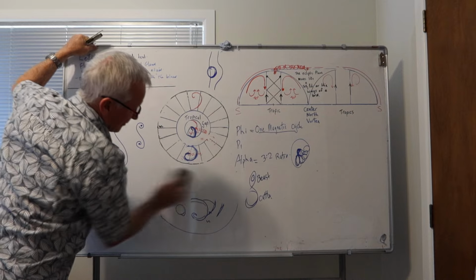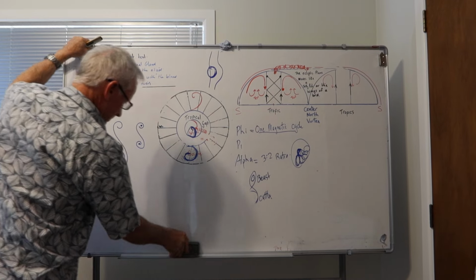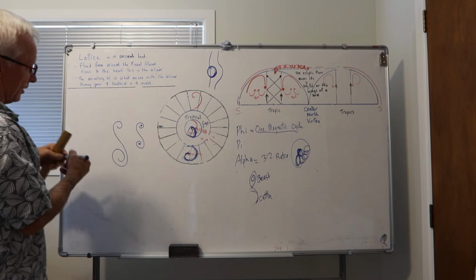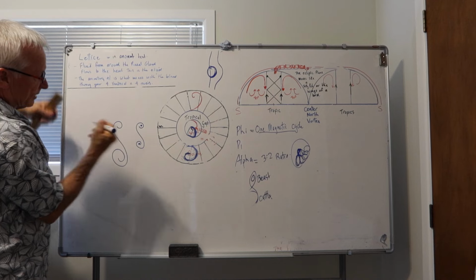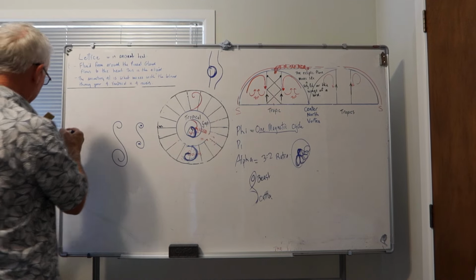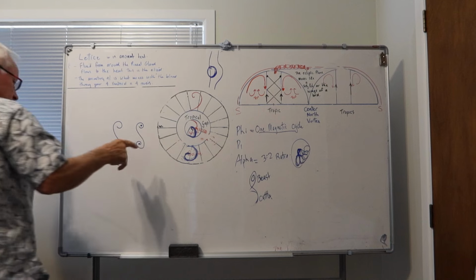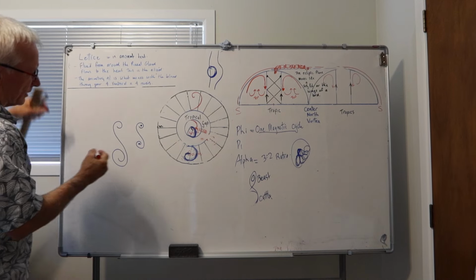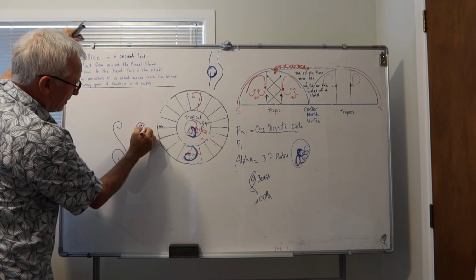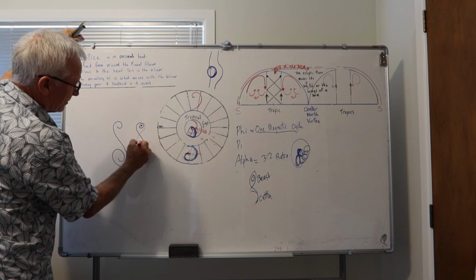So, understanding the magnetic field cycle. That's the cycle. Where it crosses here like this, so that's one half actually. But then you've got the other one that comes back like this.